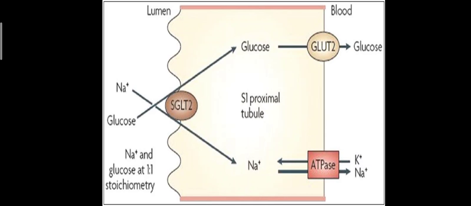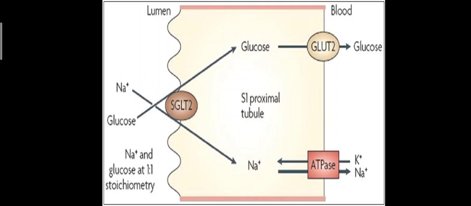Next we can see how glucose reabsorption occurs. In glucose reabsorption, we have SGLT2 and SGLT1 on the brush border of the proximal tubular cells. 90% of the glucose absorption is by SGLT2 present in the early segment, 10% by SGLT1 in the late segment.